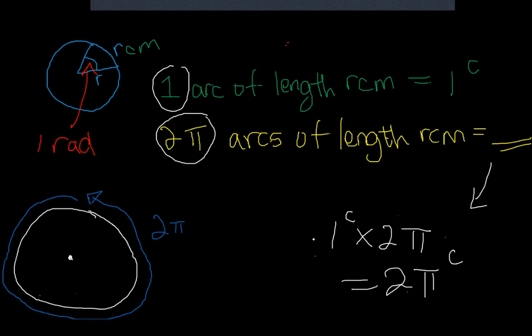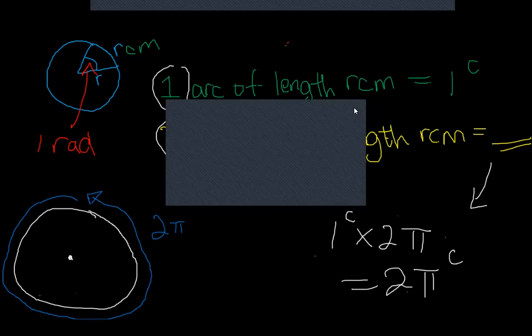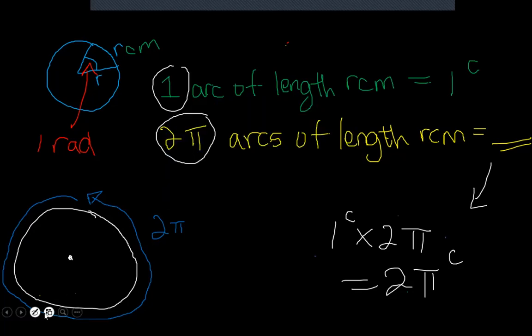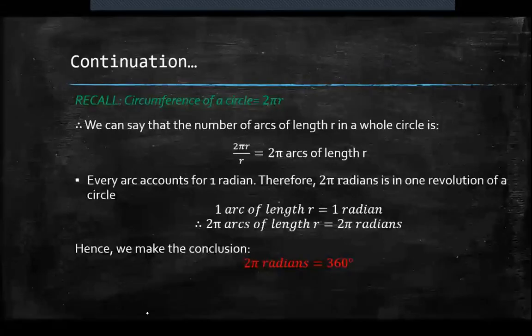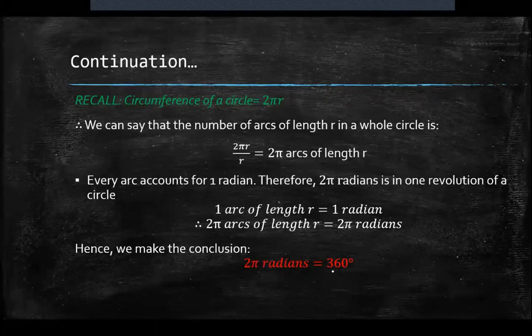That's how we just found out this whole thing. 360 degrees is equal to 2 pi radians, and that's what I have here. 2 pi radians is equal to 360 degrees. So if you ever see 360 degrees, you know it's equal to 2 pi radians, right?